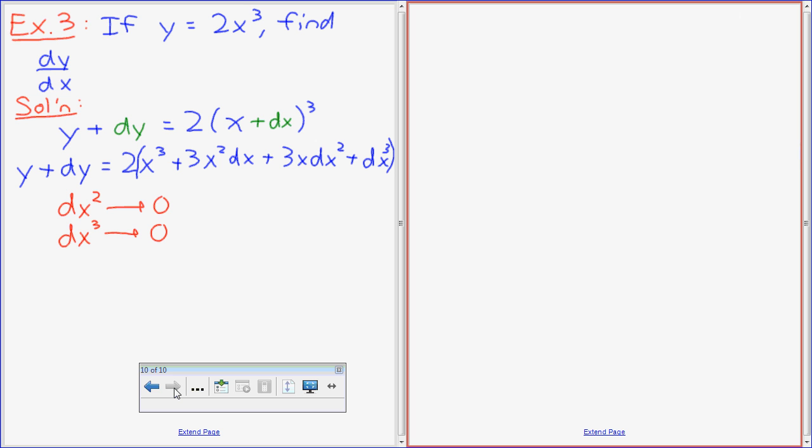So if I get rid of dx squared and dx cubed, what am I left with in my equation? 2x cubed. And plus, well, the dx is still going to stay. So I'm going to call that plus 6x squared dx.